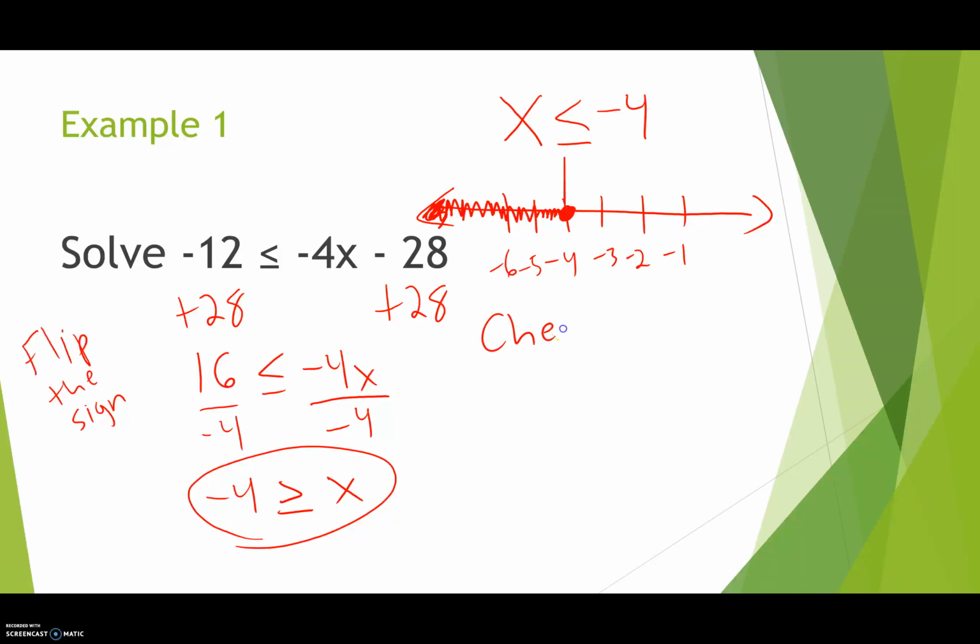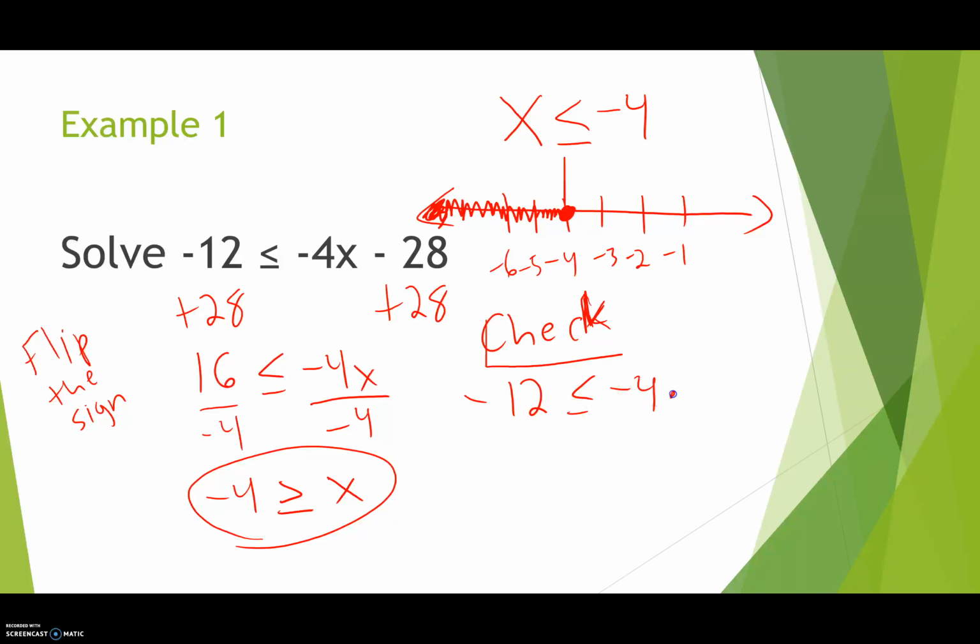All right, well, I'm going to check. Now, this dot could be in the wrong spot, and I could check, because for instance, the solution could have been x is less than or equal to negative 1, and if I check x is negative 5, and it works, well, I could still be wrong, but generally this works pretty well. And actually, the reason why I'm redoing it, because I did the check on the video, and I realized I did it wrong. When I rewrote it up here, I didn't change the sign. So let's do a quick check. Negative 12, excuse me, is less than or equal to negative 4.